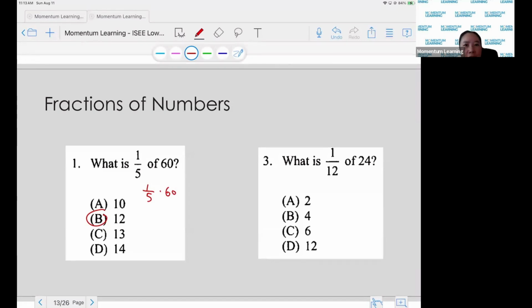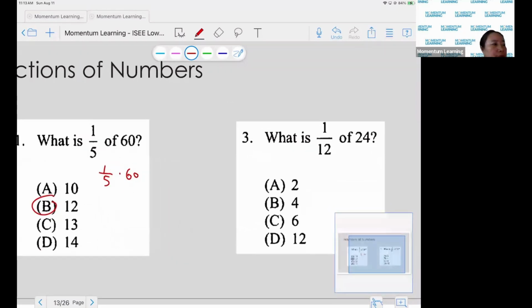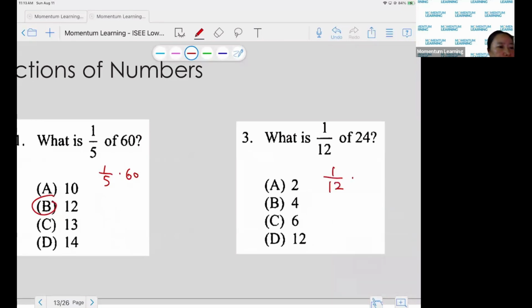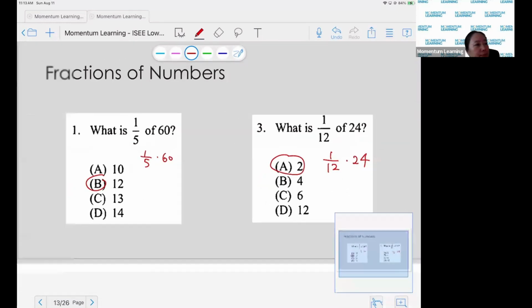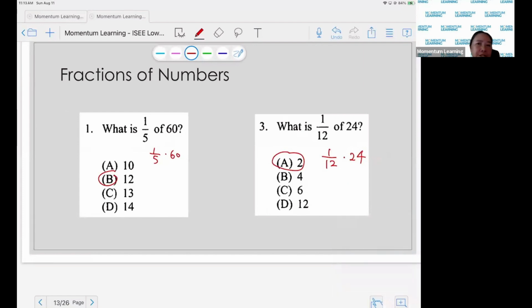It's just the same as 1/5 of 60: you multiply. 1/12 of 24 is multiplication. 1 over 12 is like splitting 24 into 12 equal parts, and then asking what is the value of each part. So it's 24 divided by 12, which is 2. Very good. So this is about fractions of numbers.